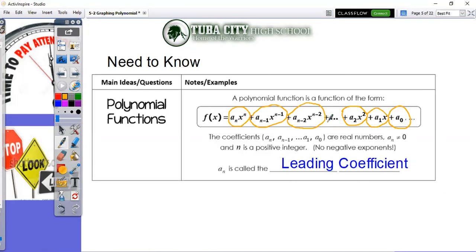Now this break in the middle is basically saying that this could be for any number of terms. So for this example, I'm going to say 5th power. Let's just use our imagination and pretend that this highest degree, or the highest exponent, would make this a 5th degree polynomial.